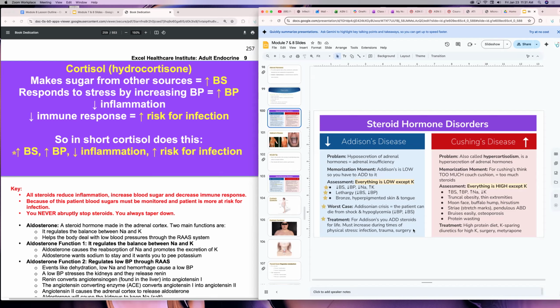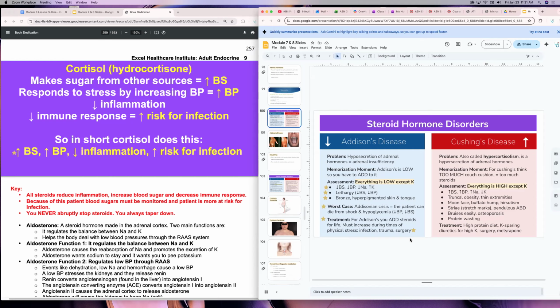And you have to increase the amount of steroids they take during times of physical stress, not emotional stress, not mental stress, but physical stress like infection, trauma, or surgery, because that's what steroids do. Steroids like cortisol are released when we are under stress, and they increase blood sugar so we have more energy to deal with that stress.